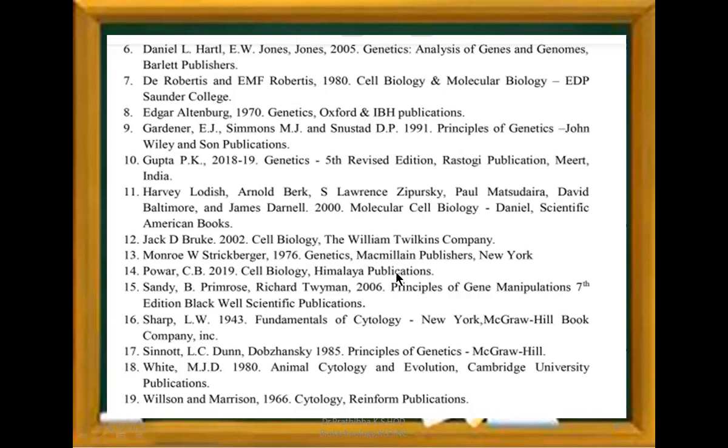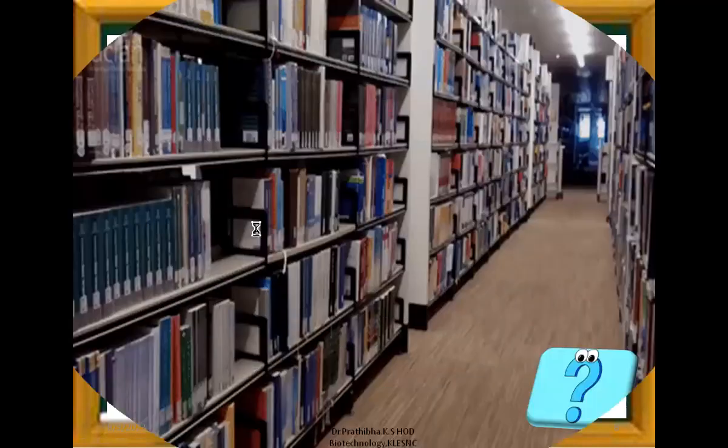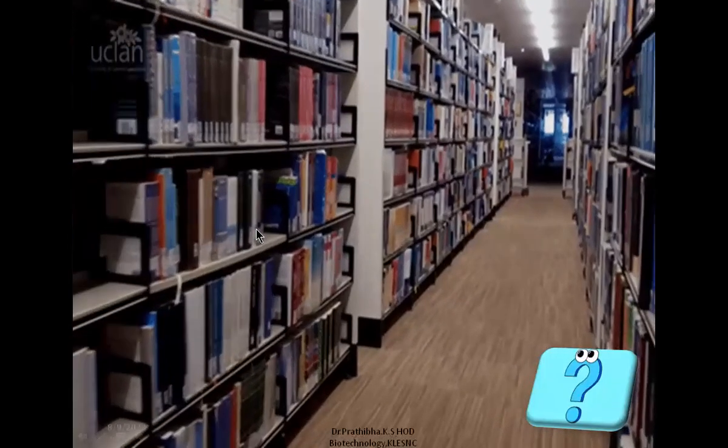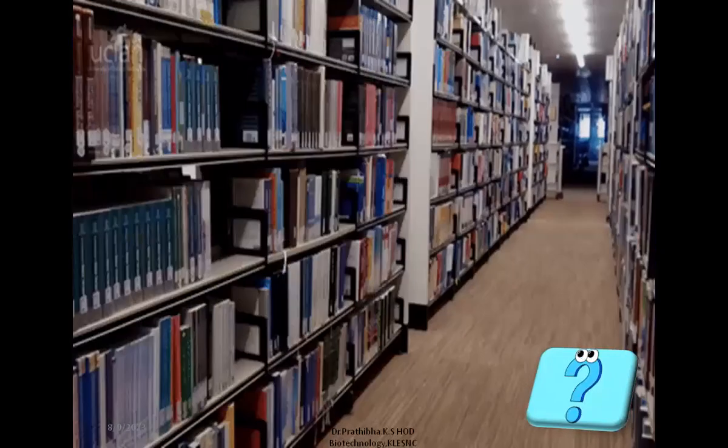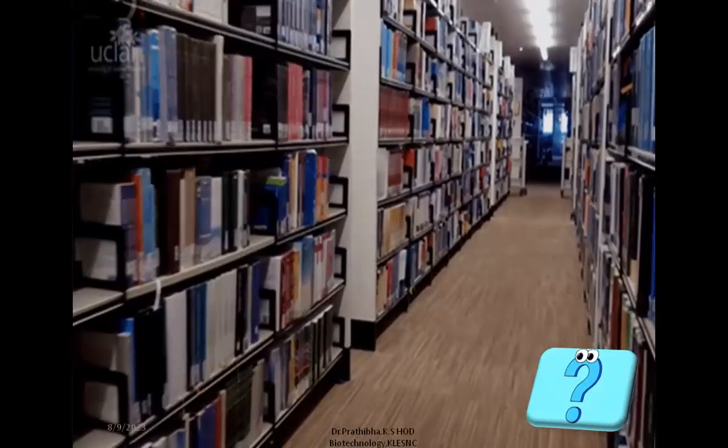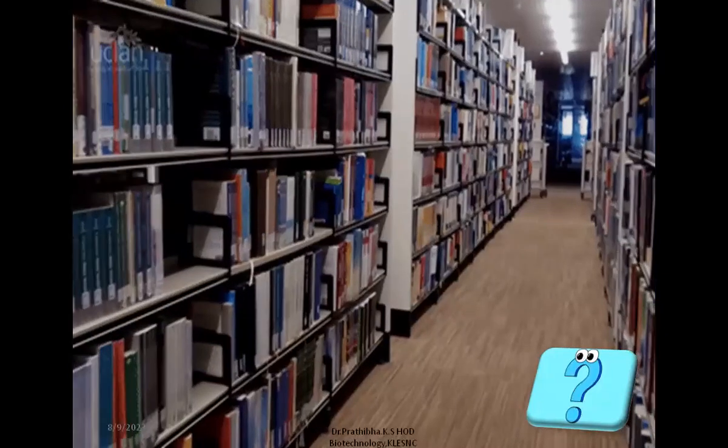That is very easy, and easily you can understand the concept, and even you can purchase here the book Genetics. It is P.K. Gupta. So these are some of the reference books. You can take a screenshot and you can study. So this is all about your cell biology and genetics theory and practical paper, along with the reference books list.